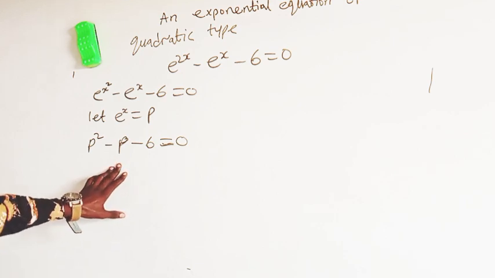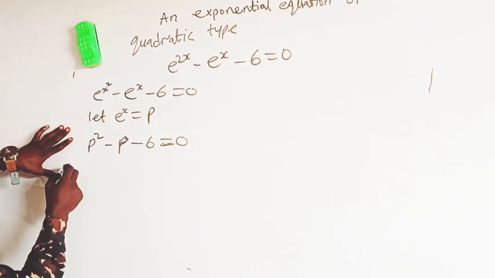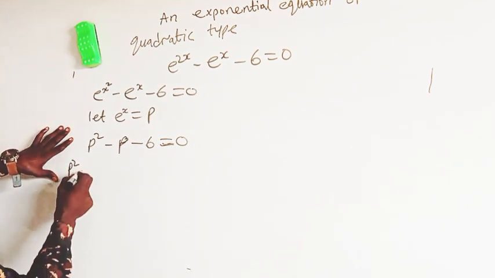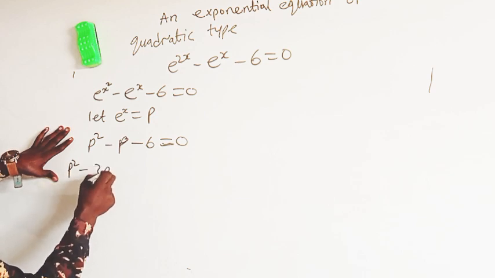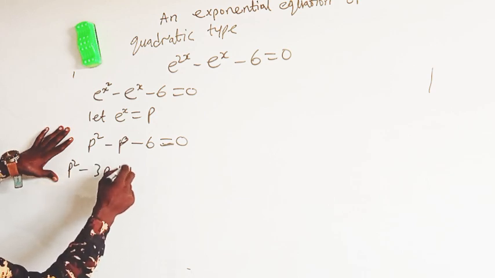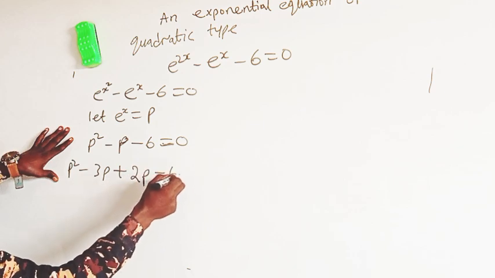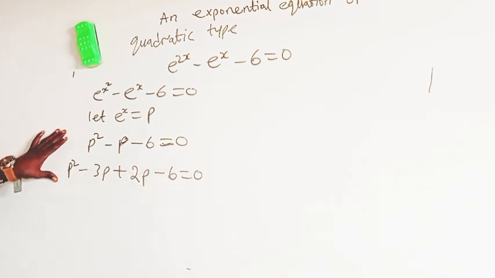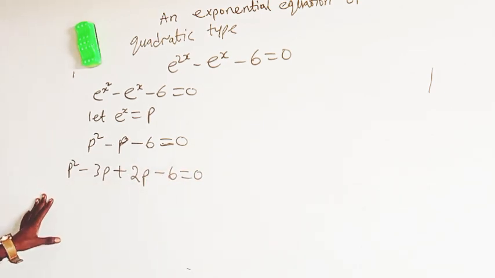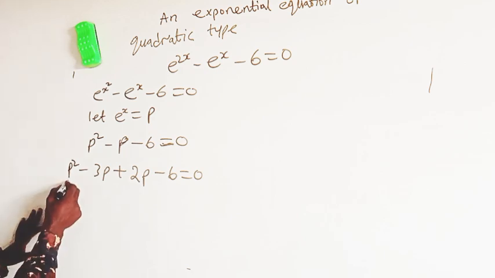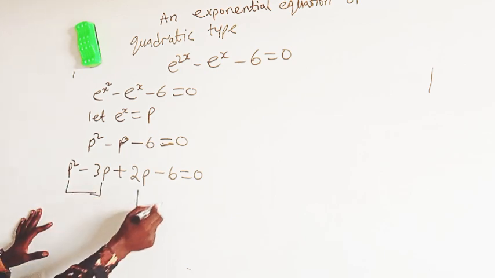you're going to have minus 1. So this can be written as p raised to power 2 minus 3p plus 2p minus 6 is equal to 0. The next step is to factorize it. If I'm factorizing this and this, I'm also factorizing this and this.